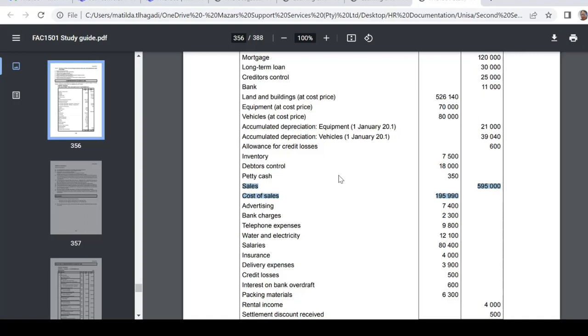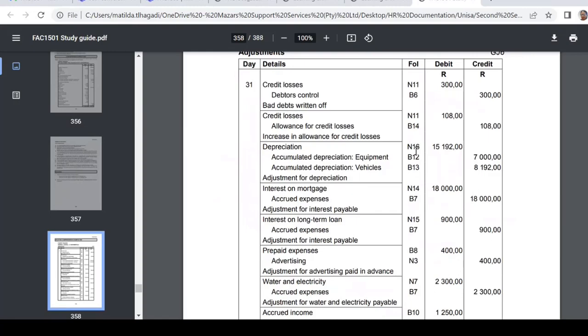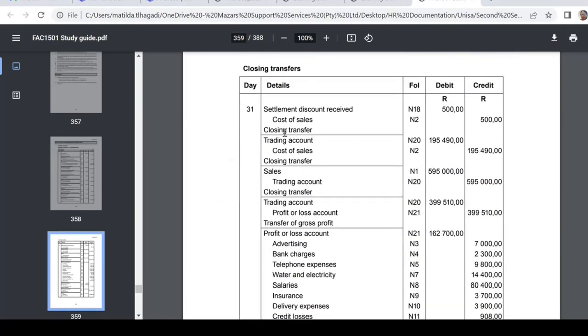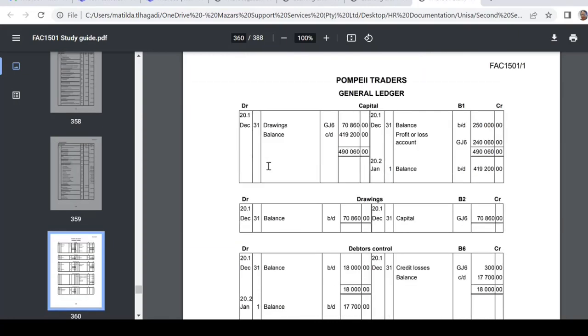Expenses are closed off to the profit and loss account to determine profit or loss. They're taken to the trading account.